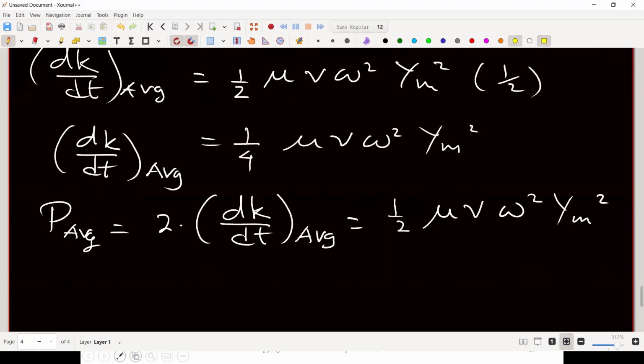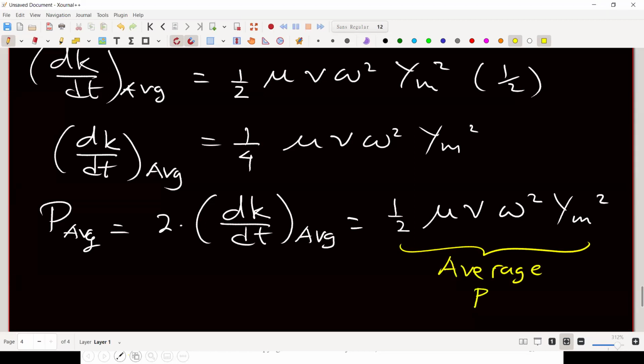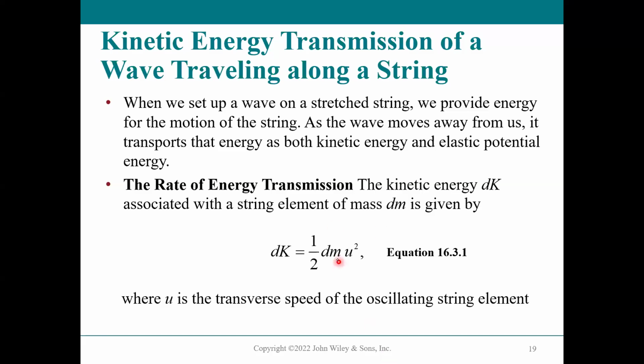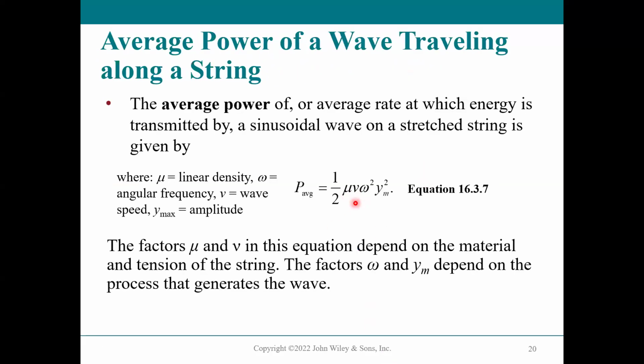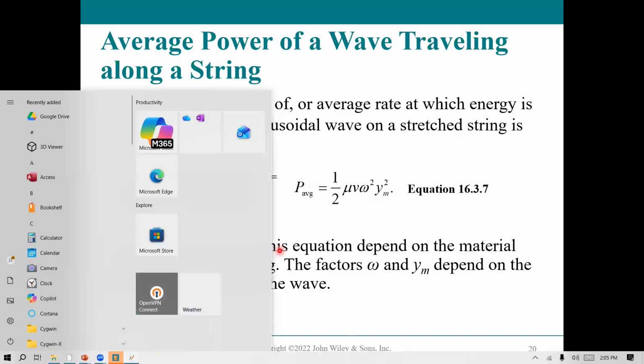This one is the equation of average power, so we can prove this equation. Half mu p omega square ym square, this one here.